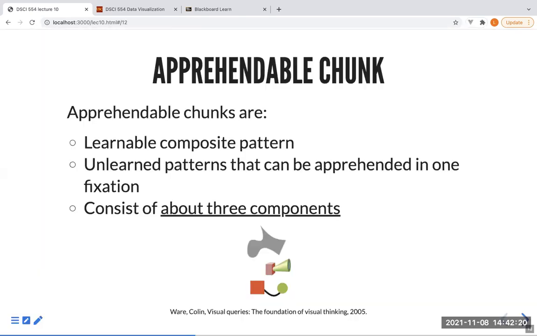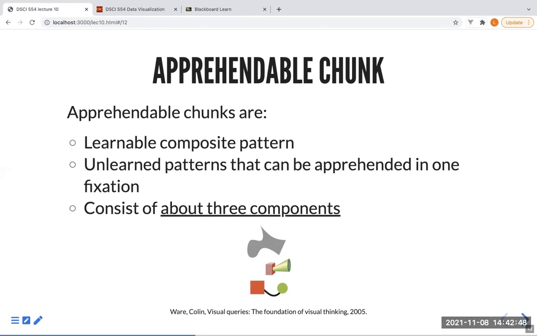So in terms of design, Ware thinks of objects as composite forms that are composed of one or multiple patterns that he calls chunks. And what he refers to as an apprehendable chunk is something that you can remember.